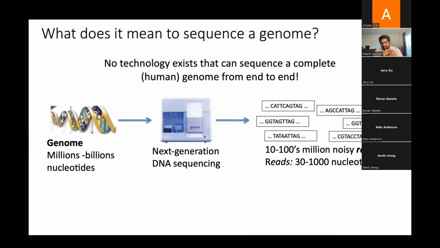So you can think of taking the novel and shredding all of its pages into small pieces, where each piece has around 30 to 1,000 letters. Then you have machines that can sequence these small fragments for you. They can read out the nucleotides in the small fragments. So for each of those small pieces of paper that you get from shredding the book, you can now read that it's maybe CATG, CAG, and so on.